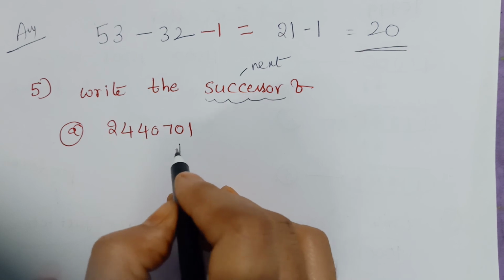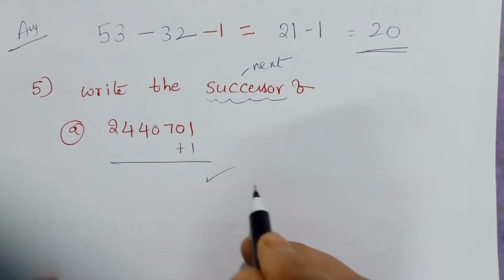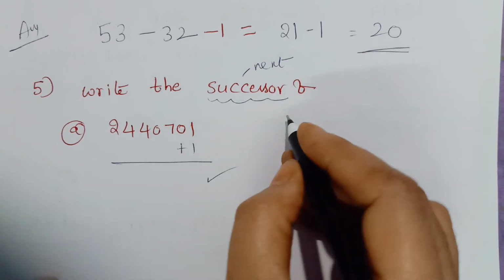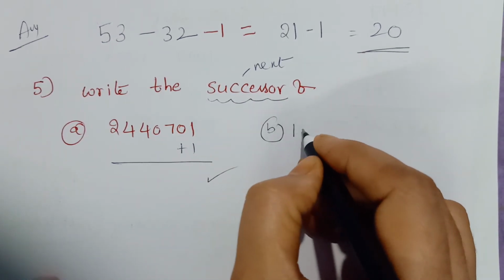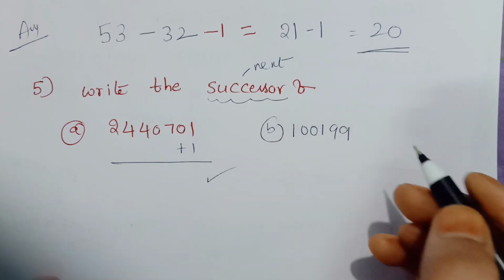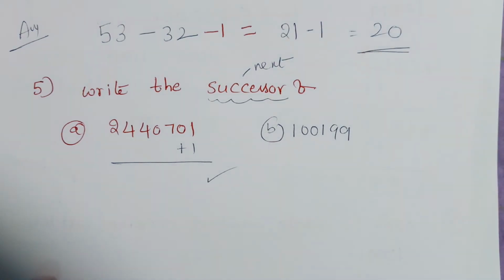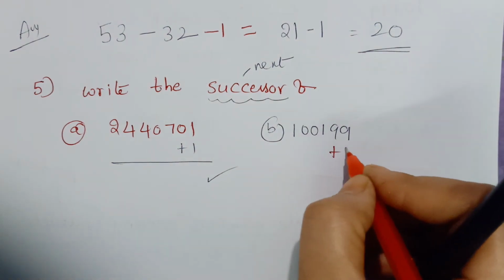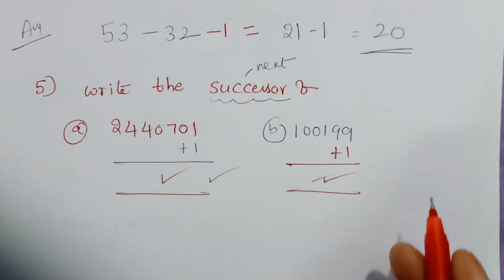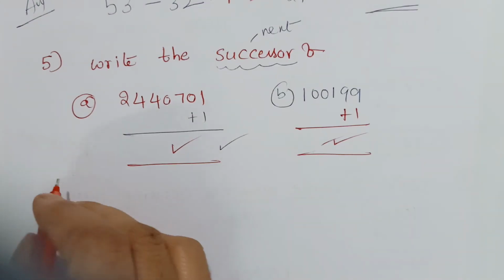Just add plus 1 and you will get the value. This is a homework problem for you. In the same way, what is the successor of 100199? Just add plus 1 and you will get the answer.